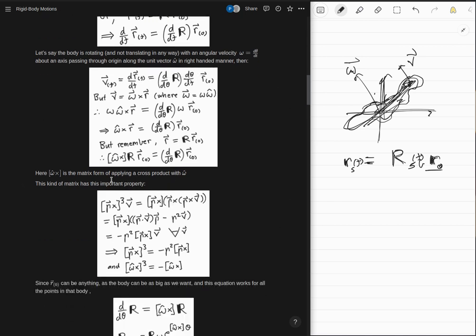Okay, so first, a nice property of this omega cross thing: its cube is equal to negative omega cross. It's somewhat like iota squared equal to -1, but not quite, because first you have to take the cross product with omega itself.